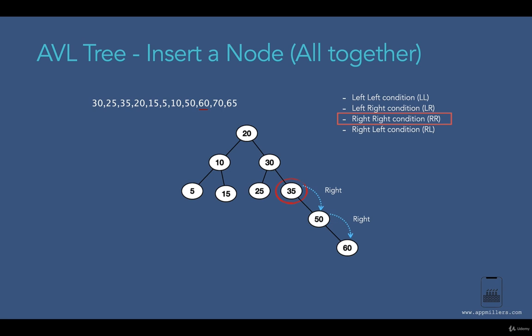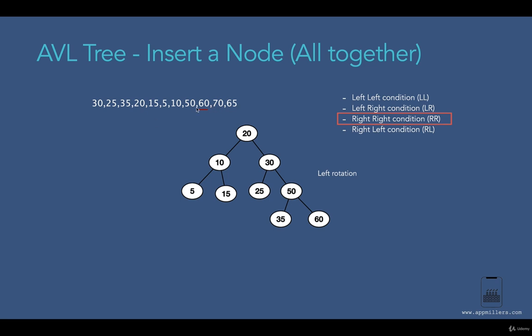So in this case, we are going to do left rotation for this disbalance node over here. So in our case, this disbalance node is 35. So we are going to do left rotation. So whenever we are doing the left rotation for a node, in this case, this node will become its right child's left child. So after rotation is going to be like this. Now here we have successfully implemented left rotation for right-right condition, and we have made our AVL tree balanced.